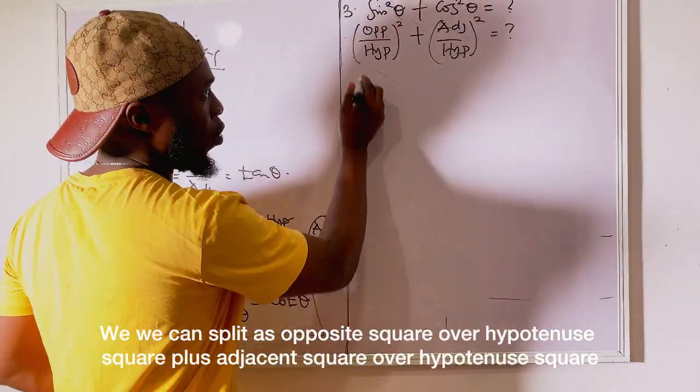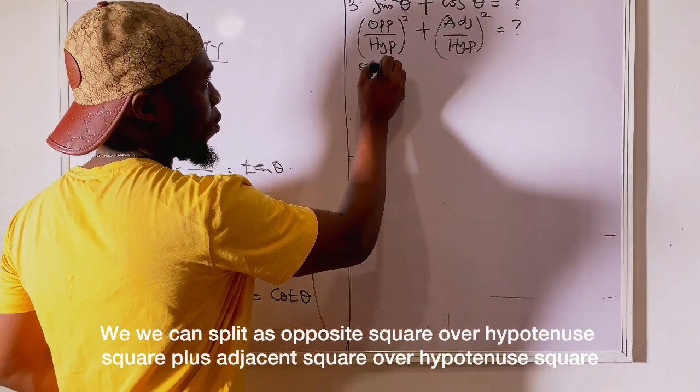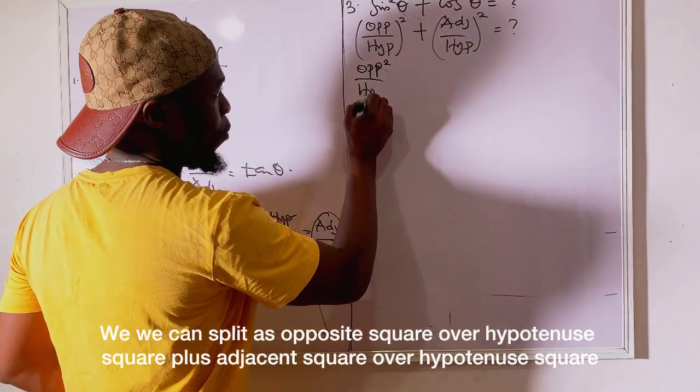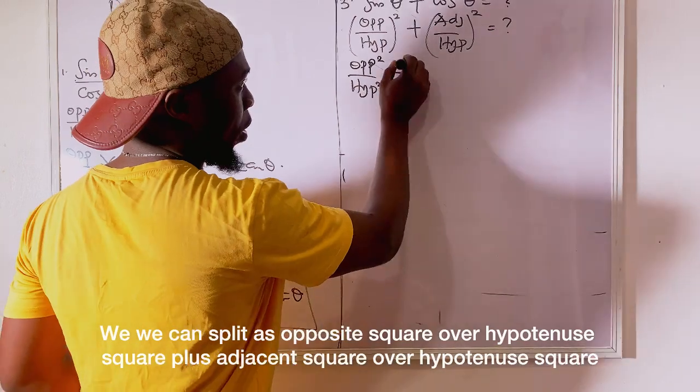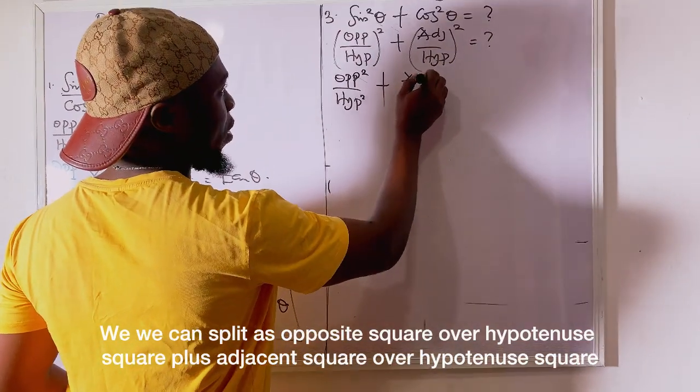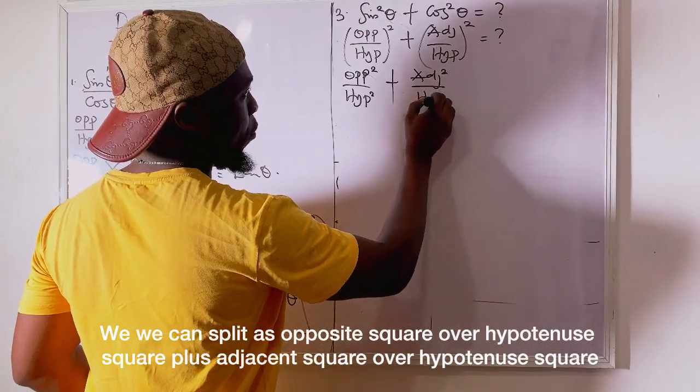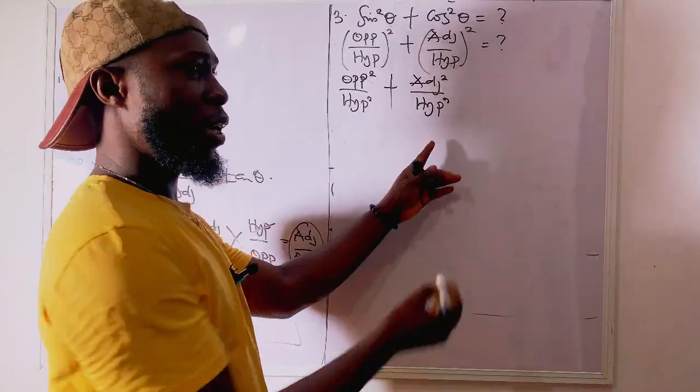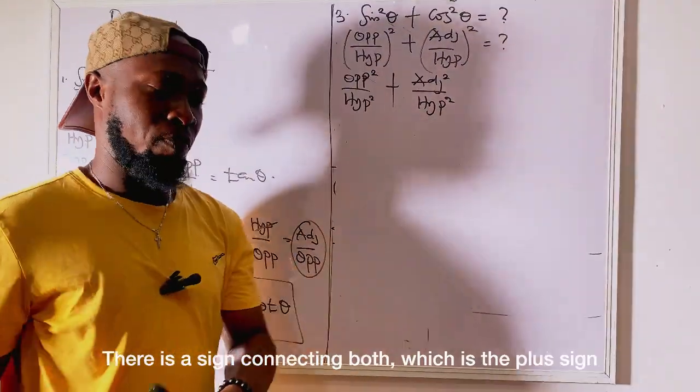So we have opposite squared over hypotenuse squared, plus adjacent squared over hypotenuse squared.